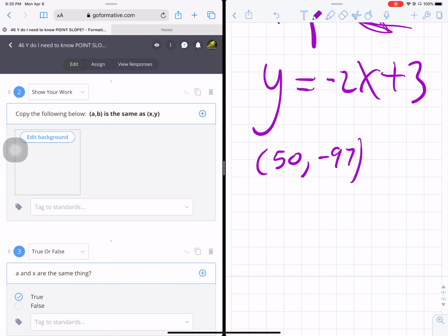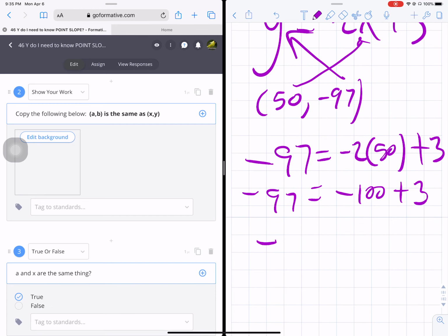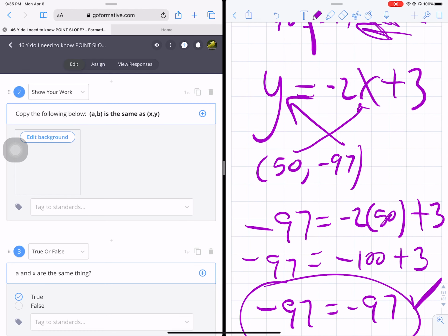Let's find out. So that's going to go there, and that's going to go there. Negative 97 equals negative 2 times 50 plus 3. So negative 100 plus 3 again. Except this time, guess what? It equals negative 97. So what do you know about that coordinate? It is on that line.